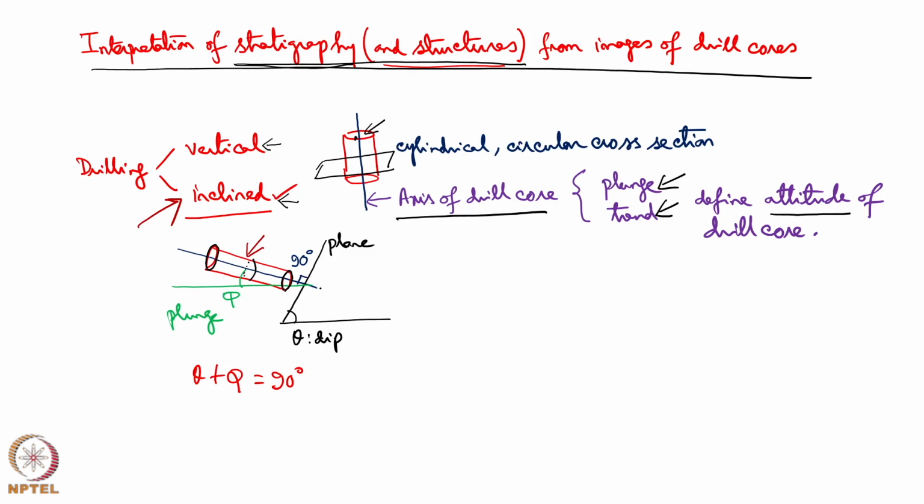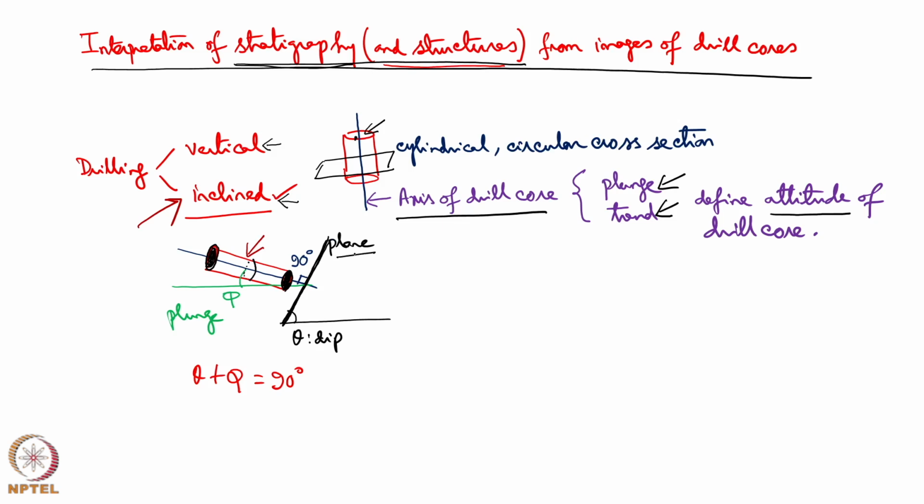Now, so what can we comment if there is circular cross section? Consider the drill core axis which is drawn, and this plane which I can make here by solid black color. I have drawn a plane parallel to this plane or parallel to this plane over here as a line.